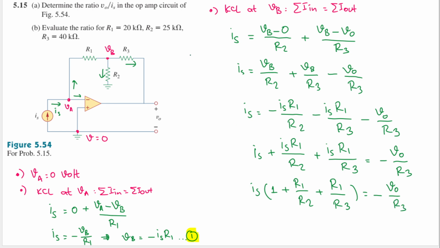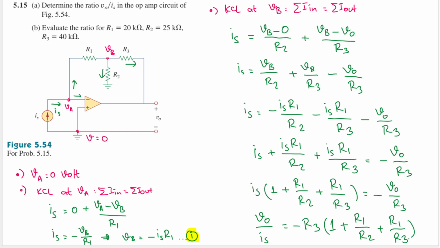And we are asked about V0 over IS. So we can rewrite this as V0 over IS, moving IS and minus R3 to the left hand side: minus R3 times 1 plus R1 over R2 plus R1 over R3.